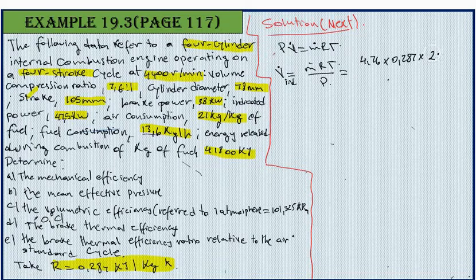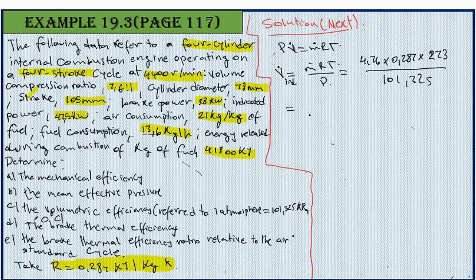So that gives 273 Kelvin divided by the pressure, 101.325 kilopascal. So now when I work this out, I'm gonna determine the induced volume. So to determine the induced volume, if I calculate here, the induced volume is 4.76.